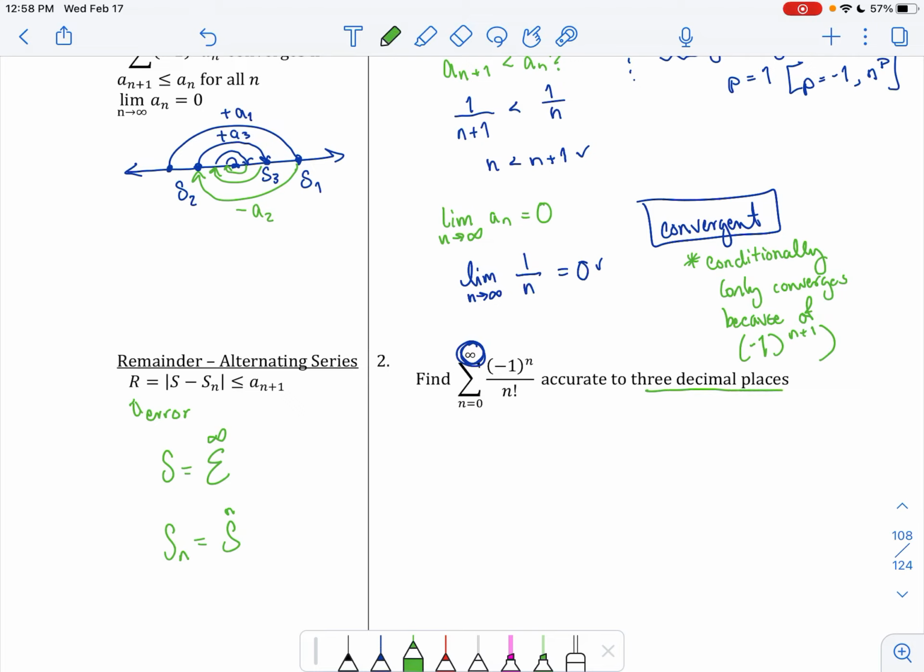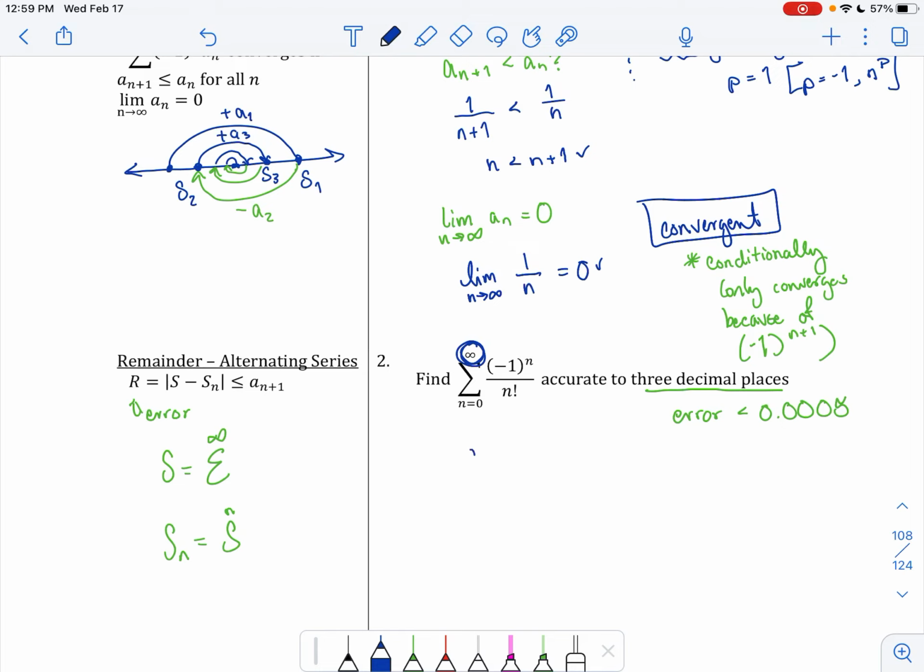Now, if it says something accurate to 3 decimal places, that means that the error has to be less than 0.0005, because this here, these 3, and then this would round up if this was 5 or greater. So that would change this 3rd decimal place, and that's why we set the error to that term. Now remember, the error is the same as the next term.